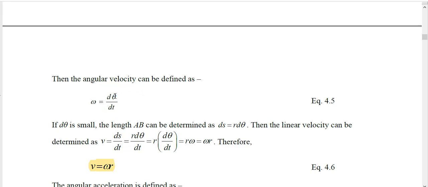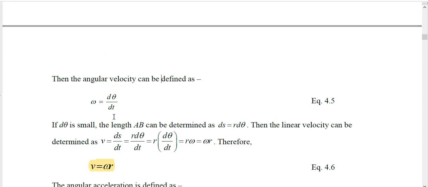So delta theta, the angular displacement, over delta t, the time. Omega means the angular velocity. Again, linear velocity, angular velocity, similar concept. It is distance over time. For linear, we take linear distance by time. Here angular distance means the radians that it is rotating, the rotation in radians.